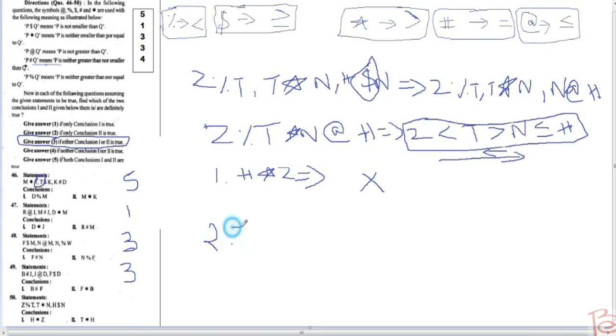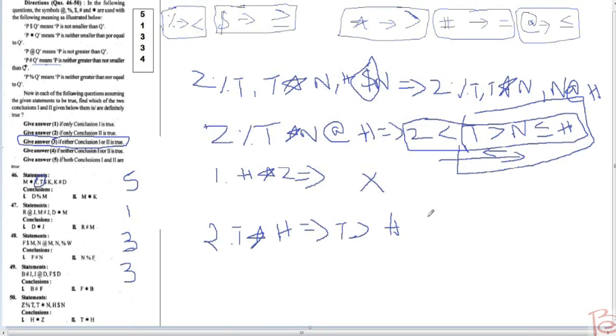So the second one is between t star h, and suppose we want to convert it, for star it's greater than h, and between t and h, if you see here, one is in this direction, the other one is in the opposite direction, so we cannot draw a conclusion here as well.